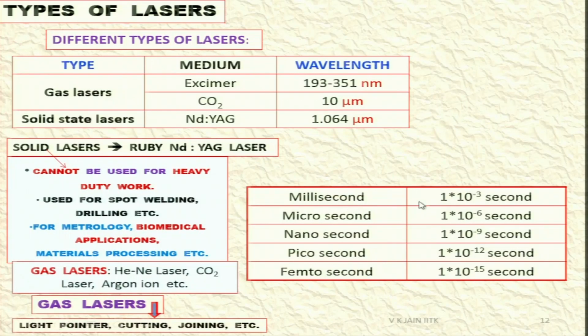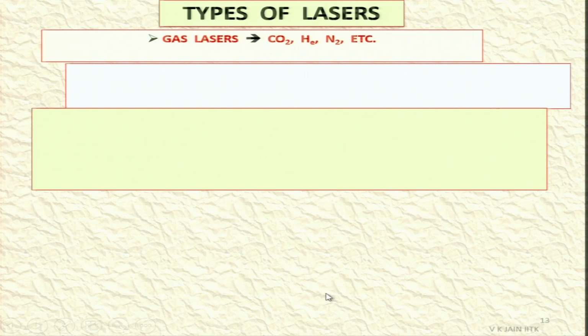This is the millisecond, 1 into 10 raised to power minus 3 second is the millisecond, and like femtosecond, 1 into 10 raised to power minus 15 is the femtosecond, and picosecond, 1 into 10 raised to power minus 12 second is 1 picosecond. Types of laser continues.